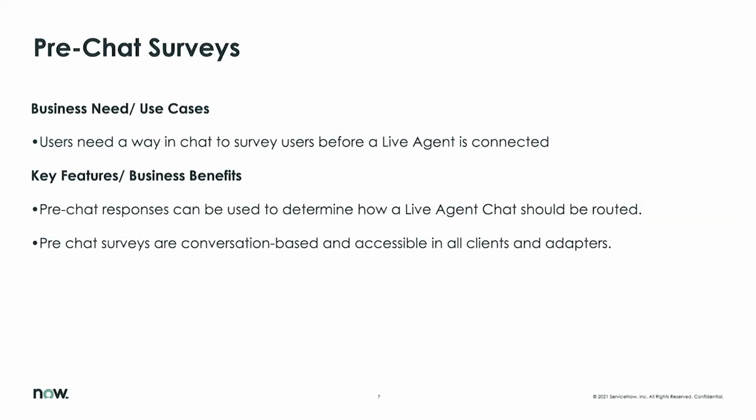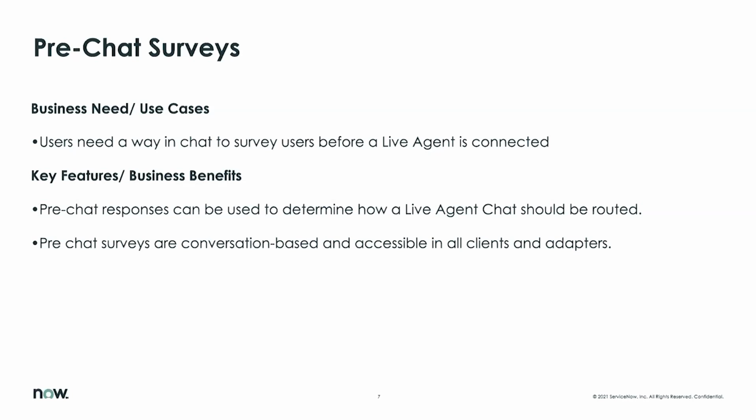Hello, everyone. Thank you for joining today's Academy session. To start with the pre-chat surveys. We use pre-chat surveys to ask a common set of questions to the end user before assigning to a particular agent. So the business need is that users need a way in chat to survey users before a live agent is connected.